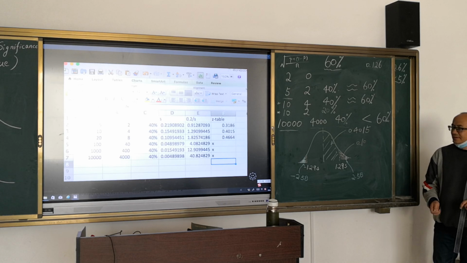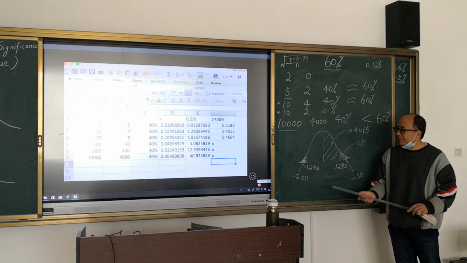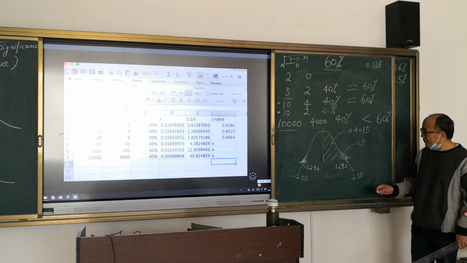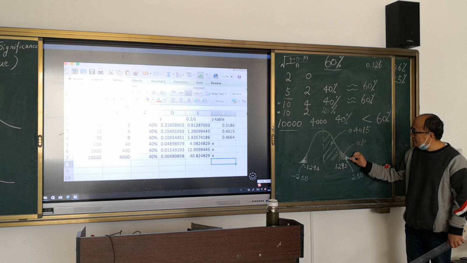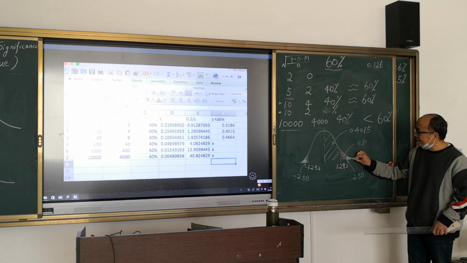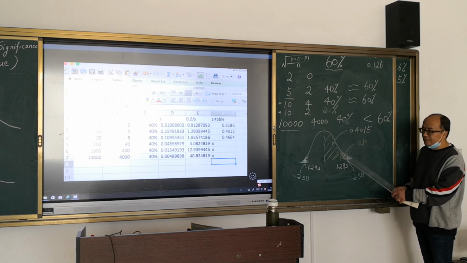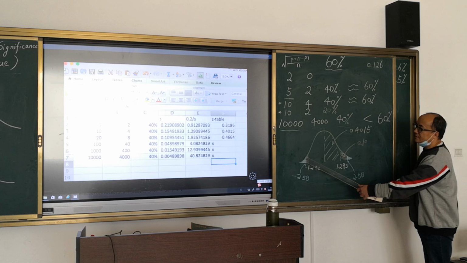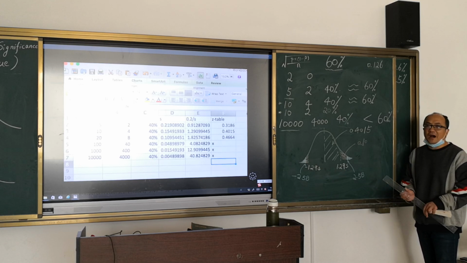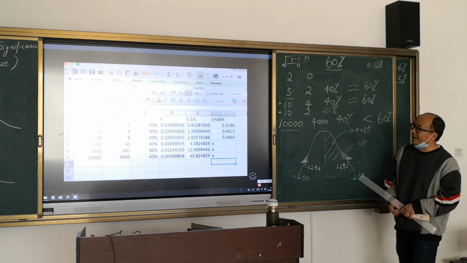Okay, so how do we get this little blue area? That blue area is the same as here. The z score is 2.58.